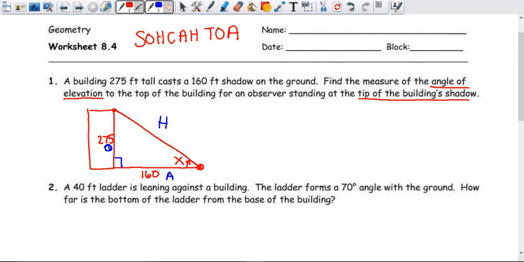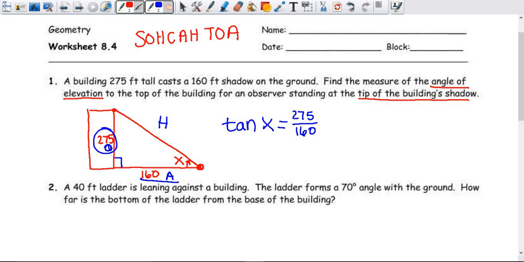So now I can see that I'm using the A side and the O side, and that means I'm using tangent. So tangent of your angle equals O over A. All right, so the setup is always the same. Trig function, angle, and then whatever order, in this case tangent, it was O, opposite over adjacent, all right?